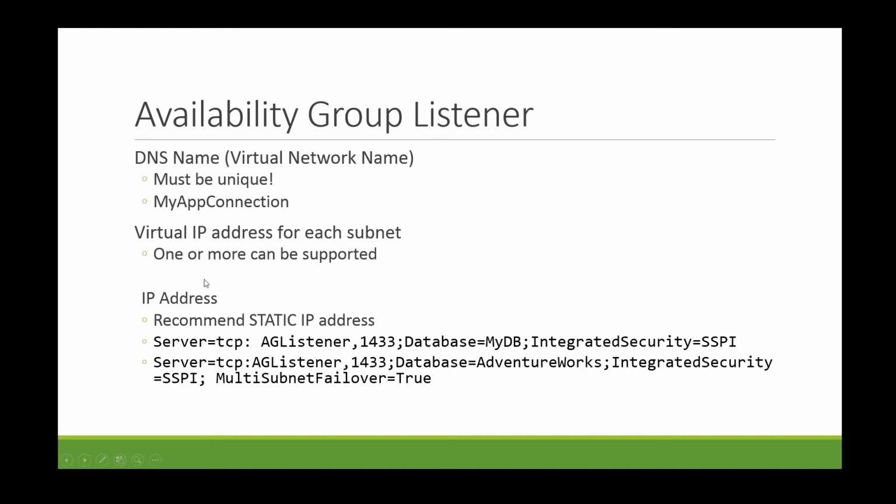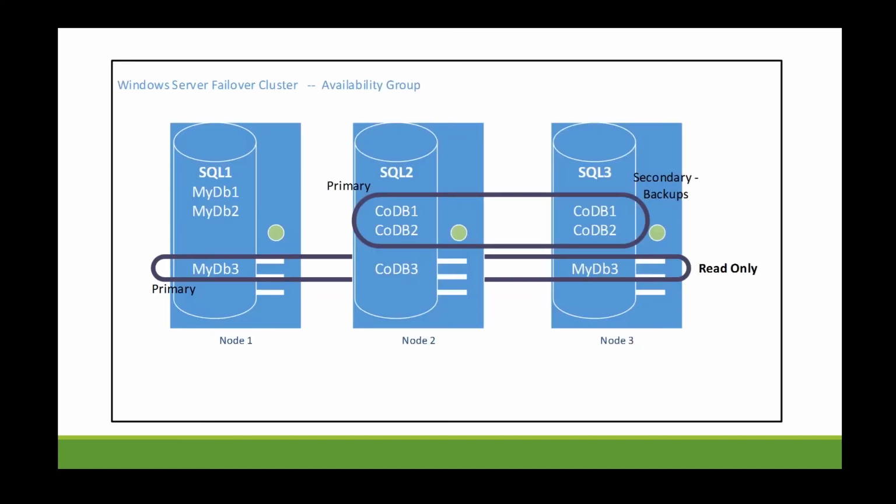In both of these cases, the listener was named AG listener. So you set the connection to use this AG listener, availability group listener. That sounds so redundant.